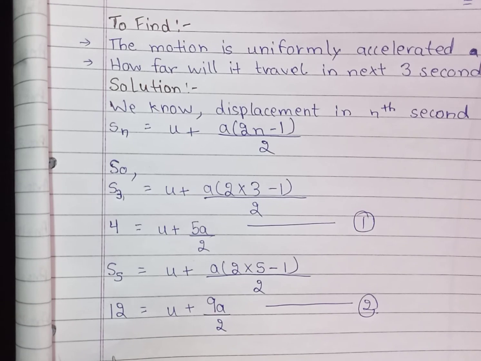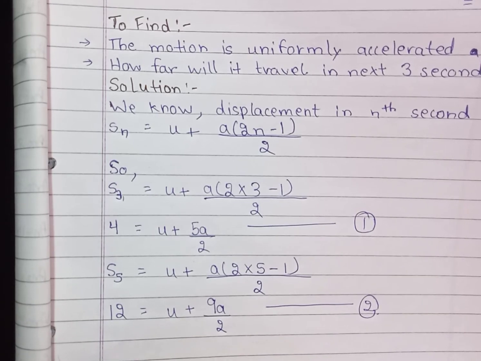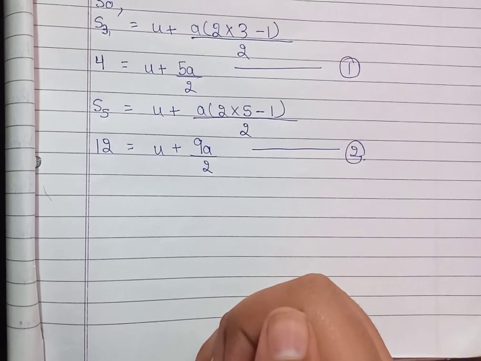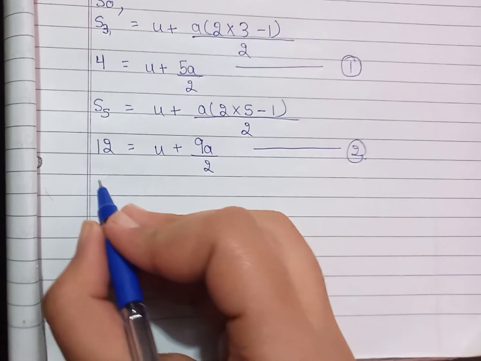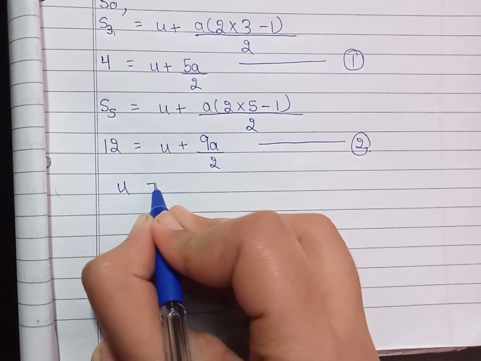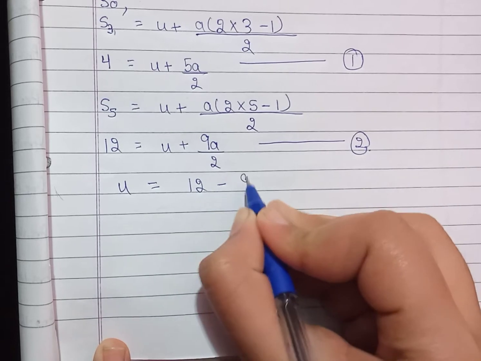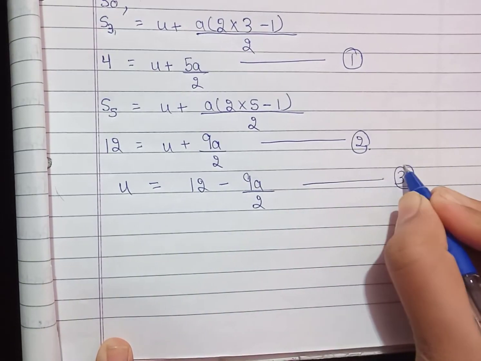Now by substitution, or you can say by subtracting equation 1 from 2, we get... Let us use substitution method. It will be easy for us. So the second equation can be modified as u is equal to 12 minus 9a upon 2. Let us suppose this to be equation 3.